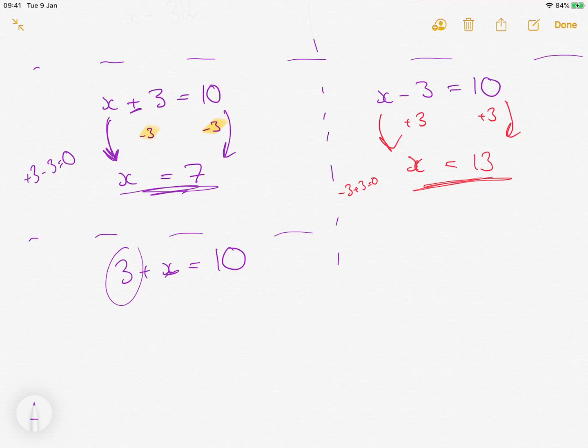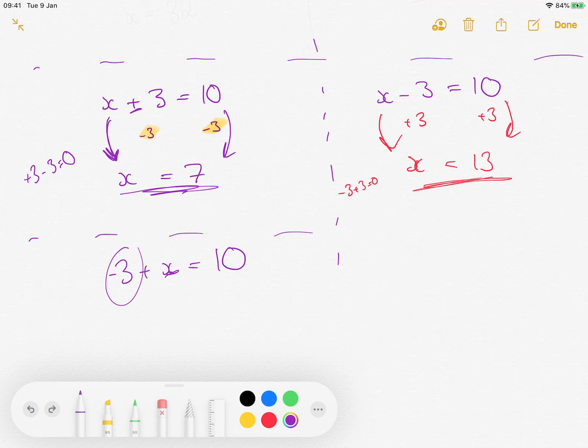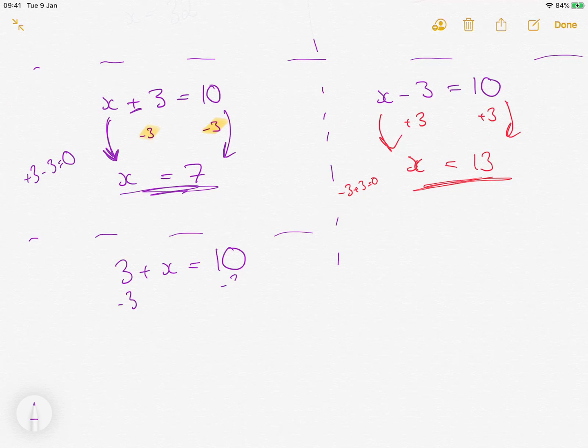Well, that really is a positive 3 because there's no negative sign in front of it. So we can do exactly the same working as before, and we can take away 3 from both sides. So don't be put off, because remember, these can be written either way around. It's the same question as this, just with the 3 and the x switched around. So we're going to do the same thing to both sides, take away 3, and we're left with x equals 7.